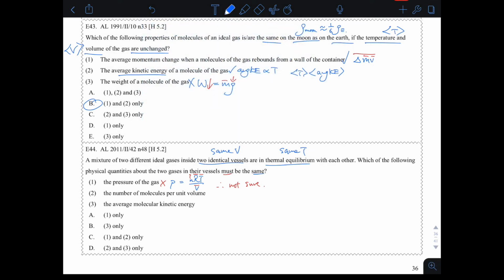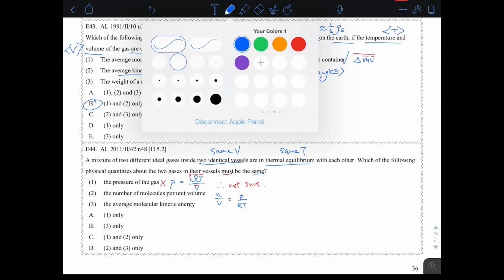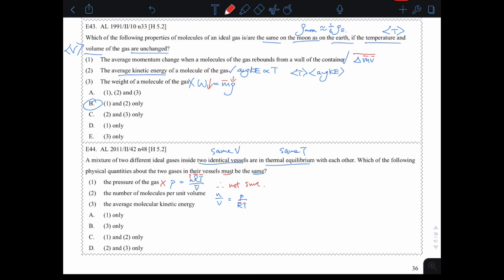Next, the number of moles per unit volume. If we make n over V the subject, we have P over RT. R and T are the same, but for P, we have mentioned in statement 1 that P is not sure, so n over V is also not sure.